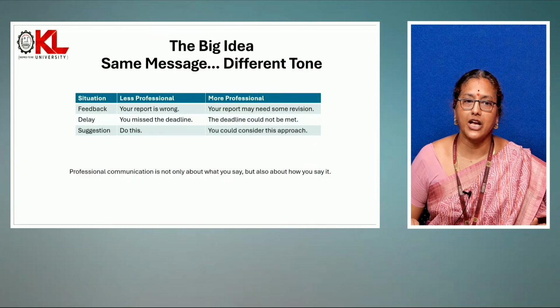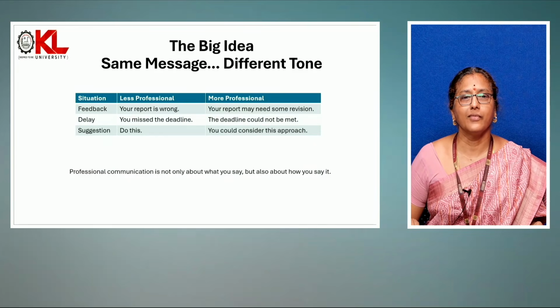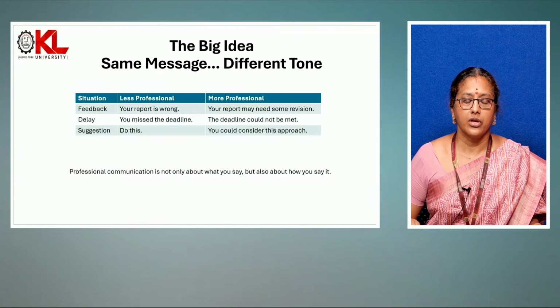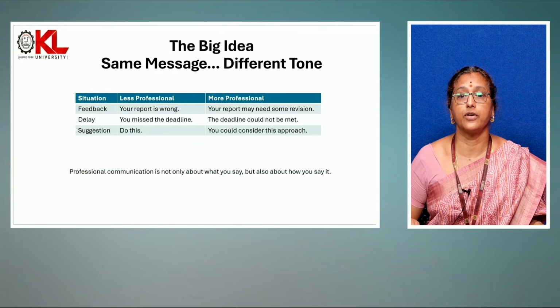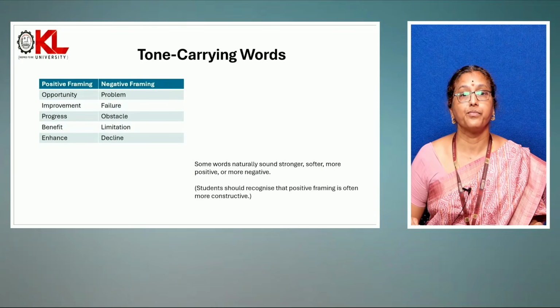When you're giving suggestions, do this appears imperative. Rather, you could say you could consider this approach. So, professional communication is not only about what you say, but also about how you say it.